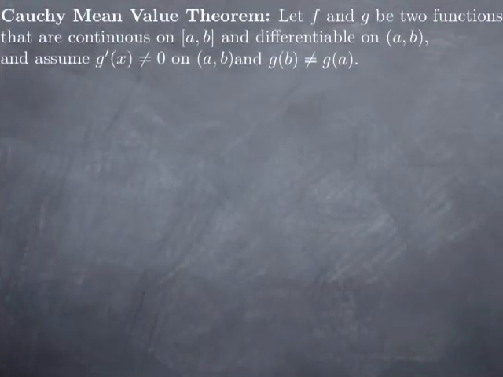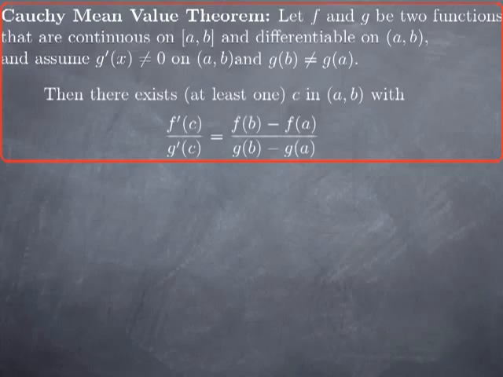Now to prove the rule of de L'Hopital, we're going to need a generalized version of the mean value theorem that is often referred to as Cauchy mean value theorem. And for that result, we take two functions that are continuous on a closed interval and differentiable on the open interval, and we assume that the function g has a derivative that is non-zero on the open interval ab and doesn't take the same values at the endpoints.